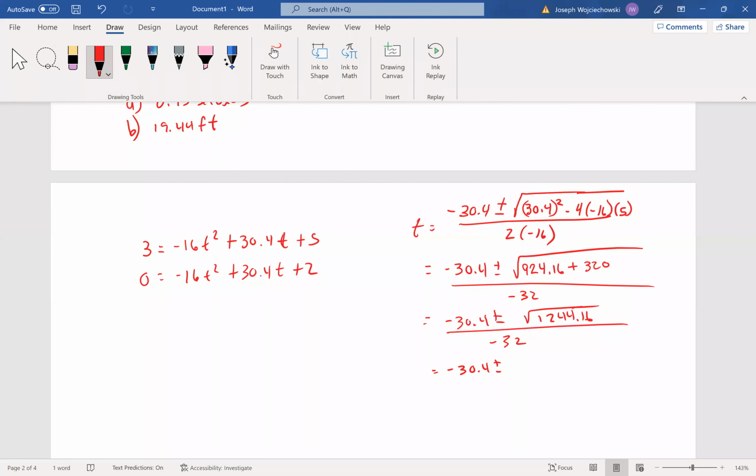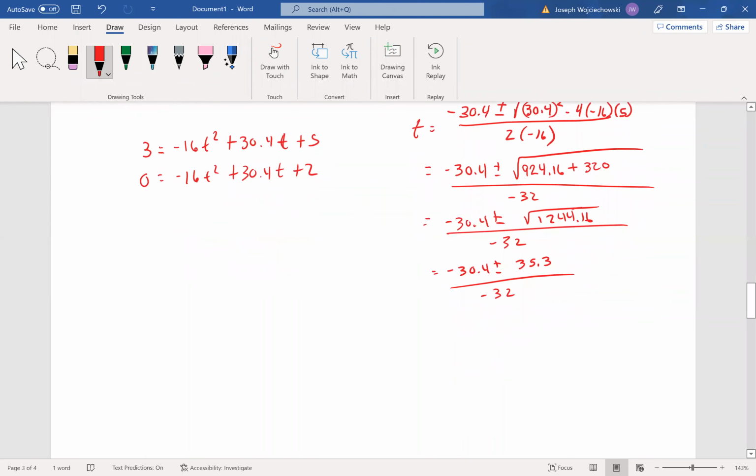and we'll go to, let's just go 35.3, all over negative 32. So what happens here? If this is plus, this becomes 4.9 over negative 32. If this is minus, this becomes negative 65.7 over negative 32.